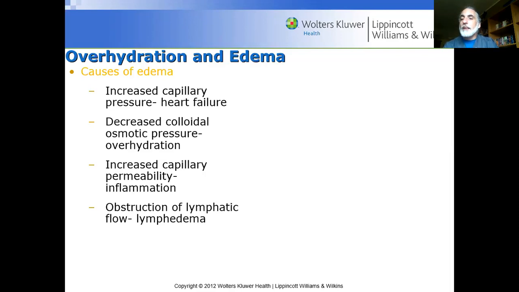So these patients that had a radical mastectomy with the lymph node removal would get lymphedema in the limb that would normally be drained through that node. And very often what you'll see is those patients wear a compression sleeve over that arm to keep the fluids from backing up and causing edema.